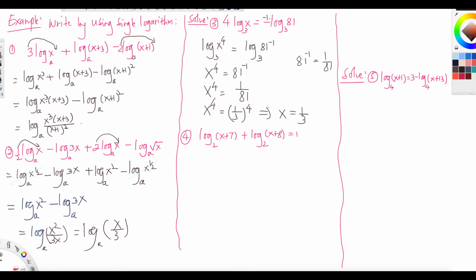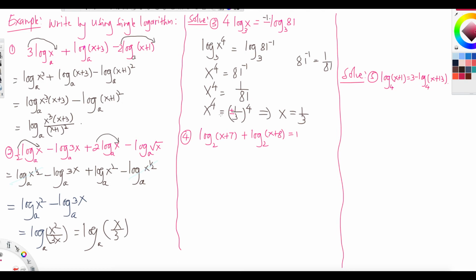Now, one of the things that I wanted to mention here is you can think of a plus and minus sign here. If you raise positive 1/3 to the 4, you get 1 over 81. If you raise negative 1/3 to the 4, you will get 1 over 81 as well.